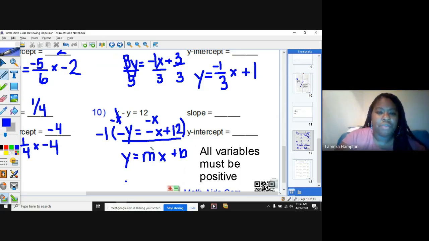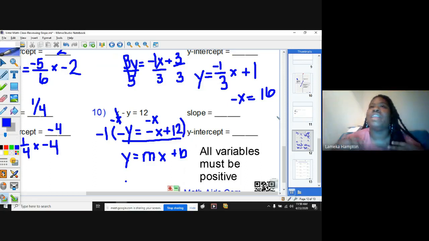So, for example, if your answer was -x equals 16, you cannot have a negative variable. There's no such thing as a negative variable. So, in order for you to make your variable positive, you have to multiply by -1. Because remember, a negative times a negative equals a what?